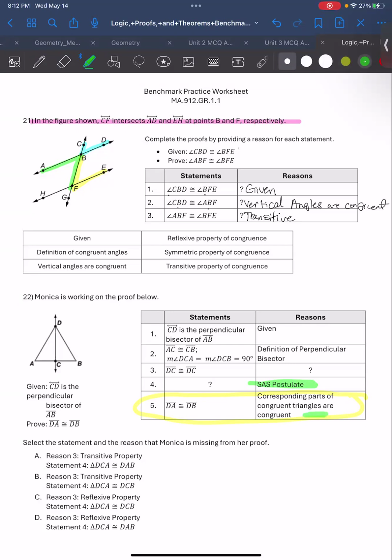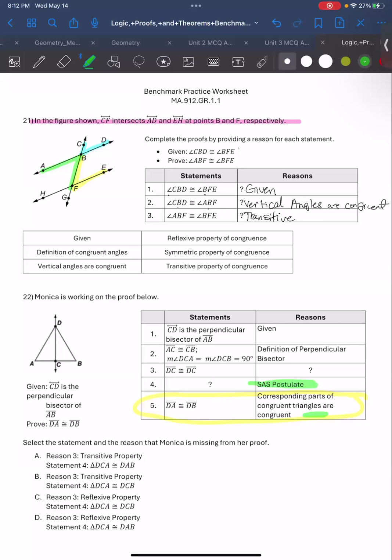This statement is only done after you have proven congruent triangles. So I don't want you to see congruent parts and put that one. That one is saved for the end. That will always be at the end after you've proven that the triangles are congruent.